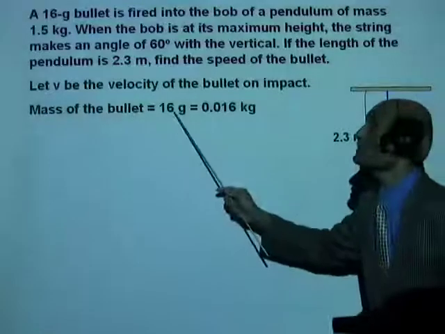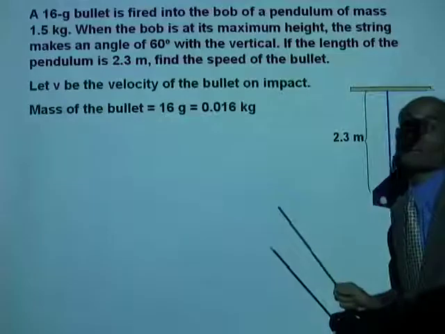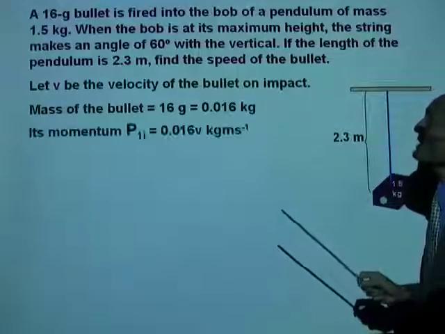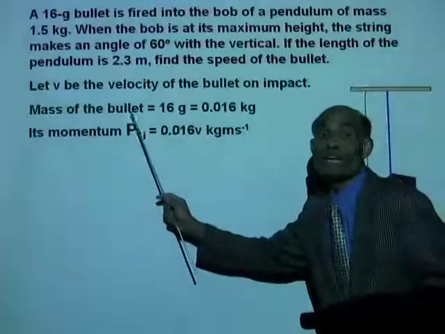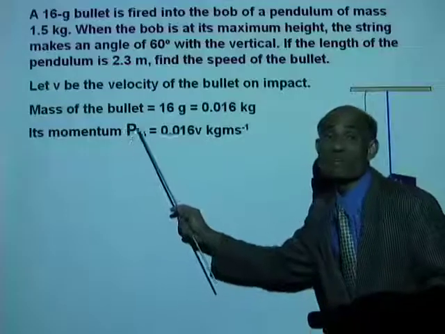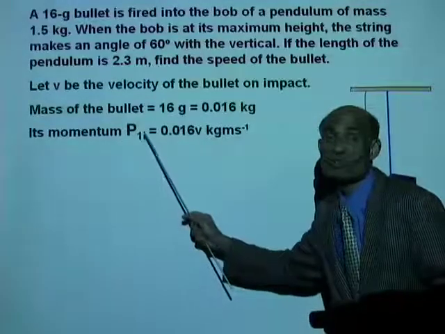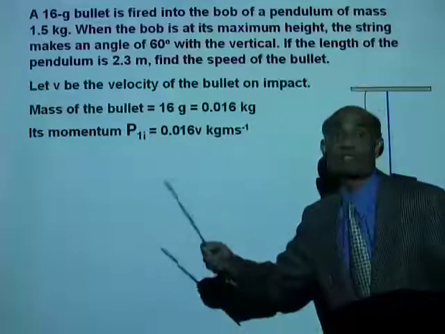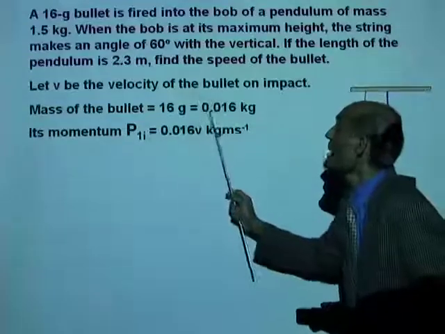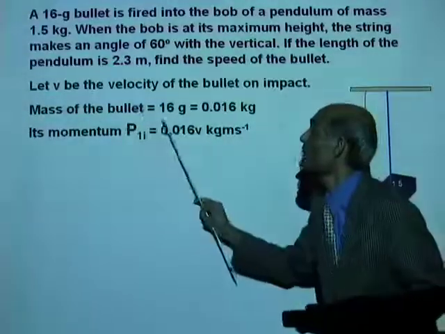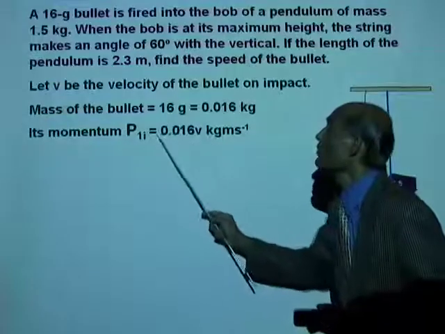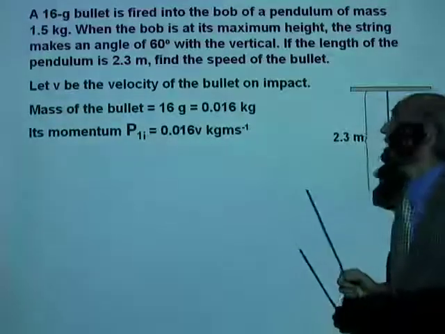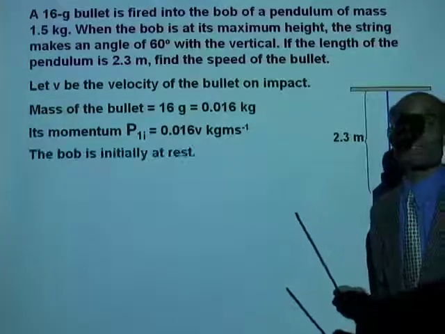Now, mass of the bullet is 16 gram, that is 0.016 kilogram. Therefore, its initial momentum, P1I, initial momentum of the first object, that is the bullet, is its mass times its velocity, 0.016 v kilogram meter per second.